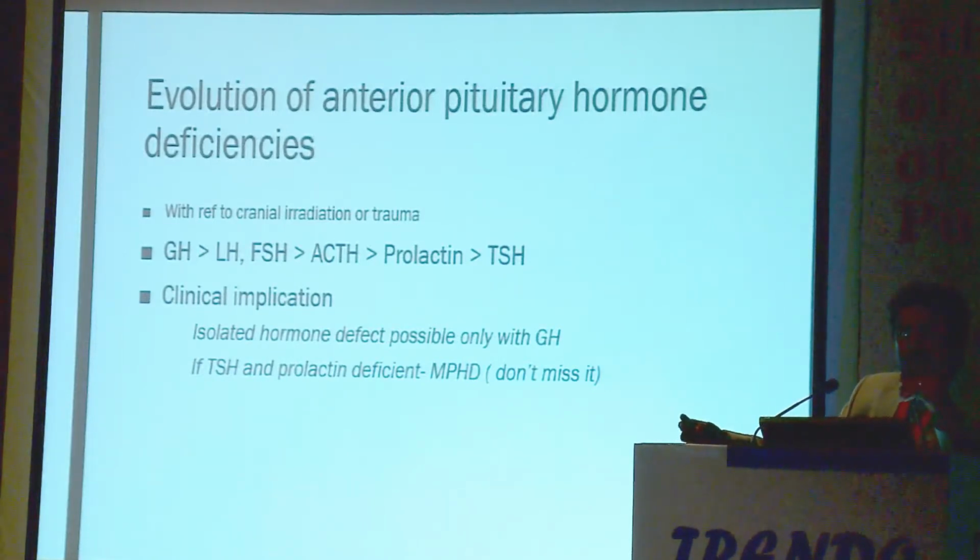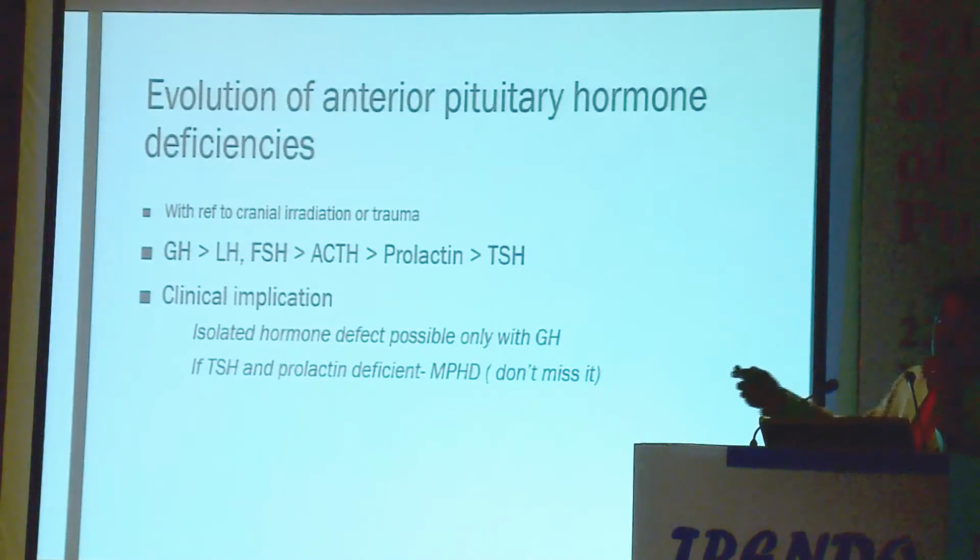The clinical implication of this is as below. When you find in a patient with suspected hypopituitarism that TSH and prolactin are deficient, it can never be isolated. It can never be isolated prolactin deficiency, or isolated TSH deficiency. Invariably, they will have deficiency of LH, FSH, ACTH, and growth hormone.